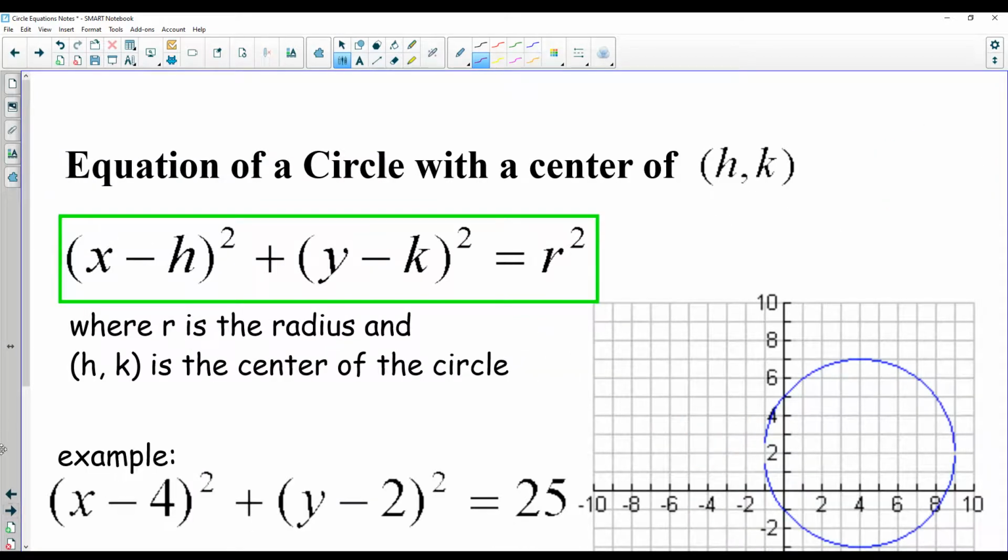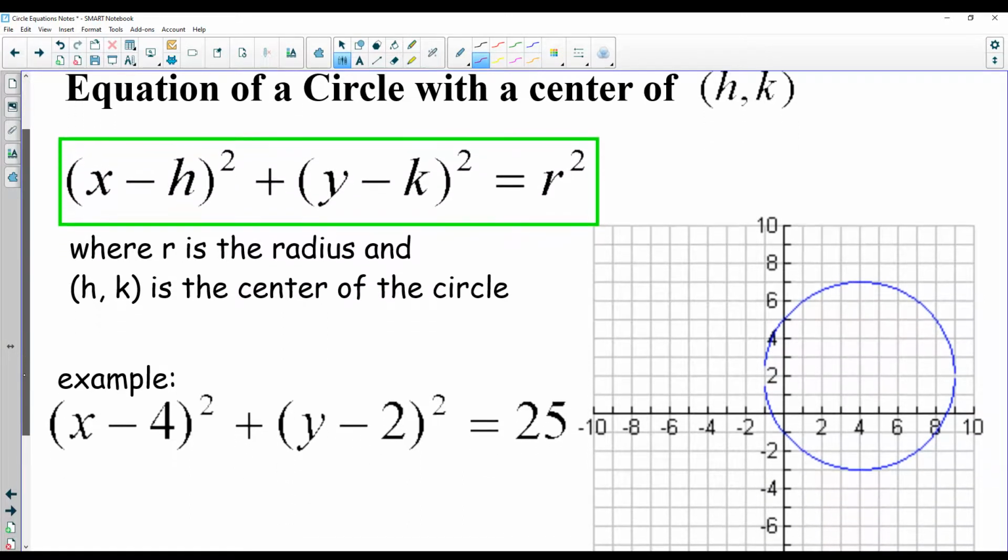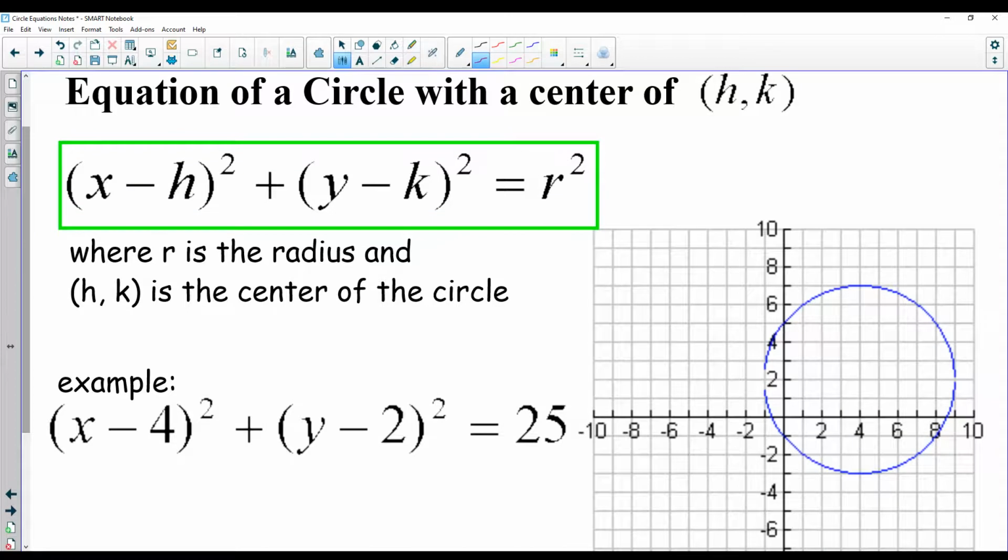But what if we do have shifting? Okay, here's an equation of a circle with a center of h, k. Now, h, k might sound familiar. We used this whenever we were shifting our parabolas last year. And the thing to remember is that our formula has minus inside the parentheses that's being squared.